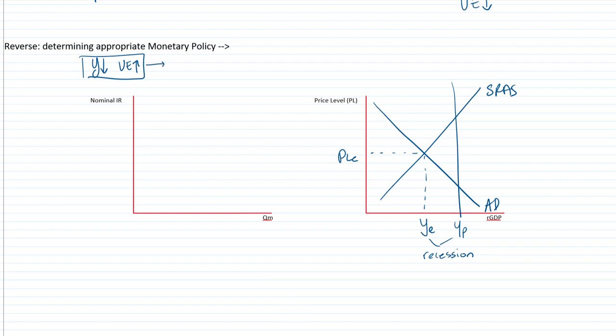And so they might be saying, we want to increase output and we want to increase price level so that we can push down unemployment. Those are their goals. And now we have to reverse engineer what they need in order to get there.